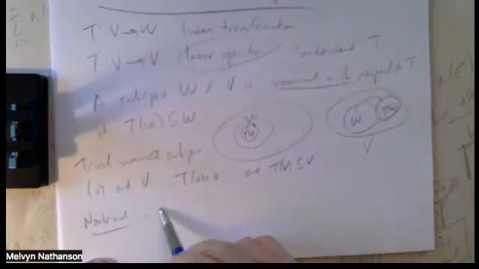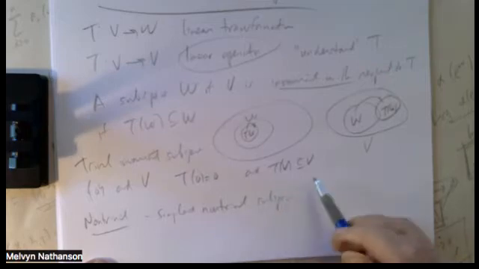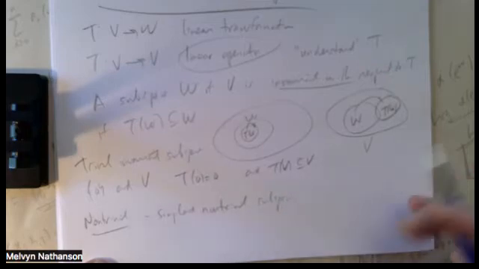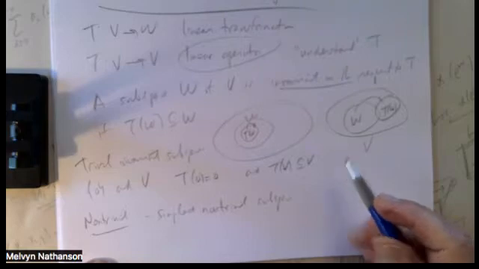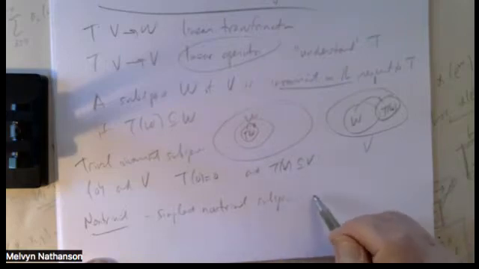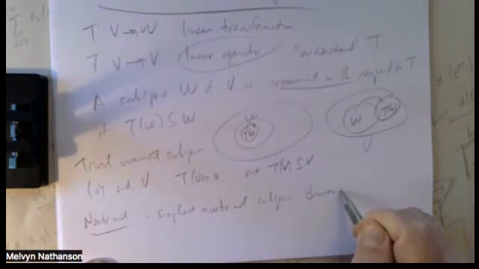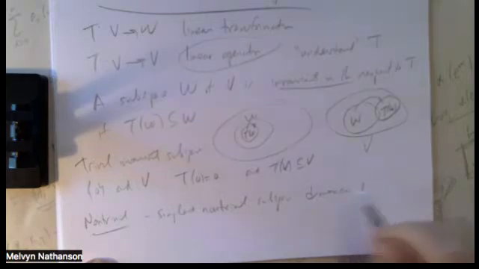And the simplest non-trivial invariant subspace would be a one-dimensional subspace. It's not 0. So if the dimension is not 0, it's at least 1. The simplest non-trivial subspace would be of dimension 1.